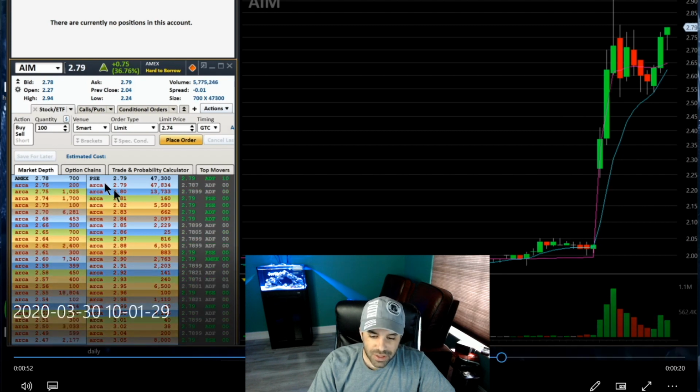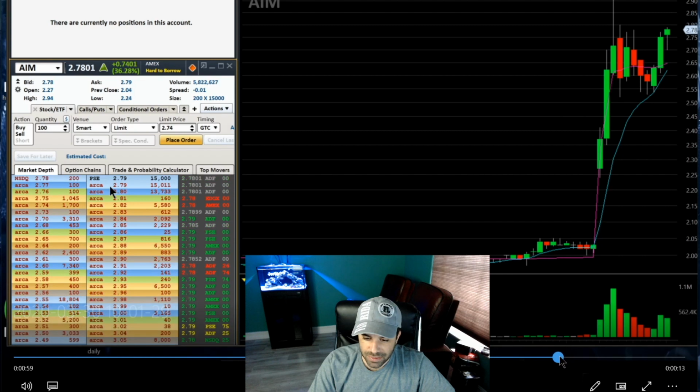In this case, you could say, okay, now if this wall gets taken out, we should pop up to a higher high of day. That would be the common sense thing. That would be using the level 2 to your advantage. And you see it's getting eaten out.